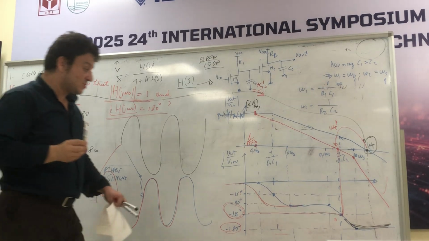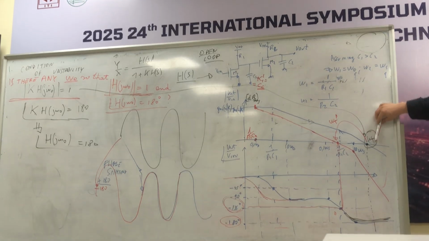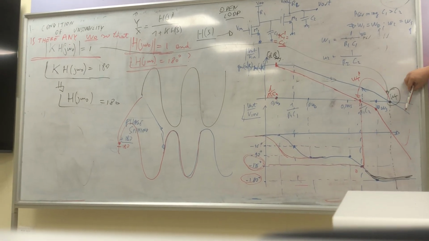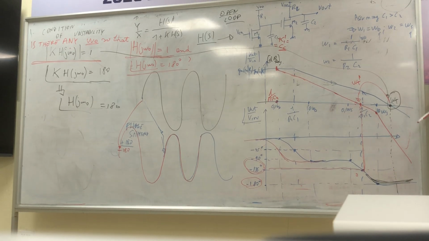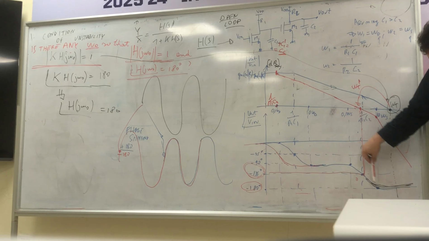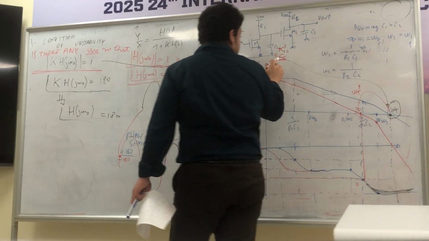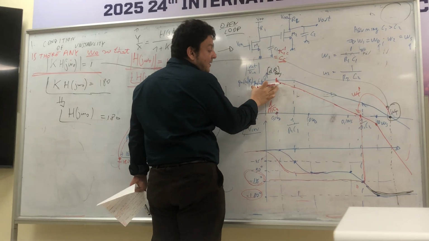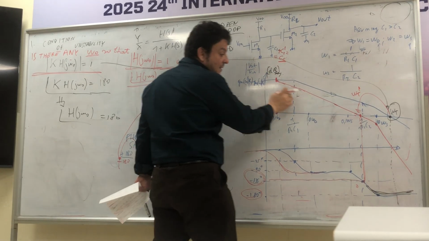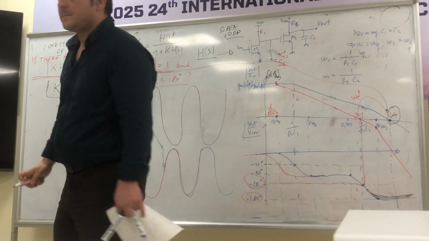If I'm able to have the crossing frequency of the curve of the gain far from 180, actually I have stability. Actually, increasing this capacitance, okay, reduces the bandwidth, but lets us be far away from the instability. Okay?